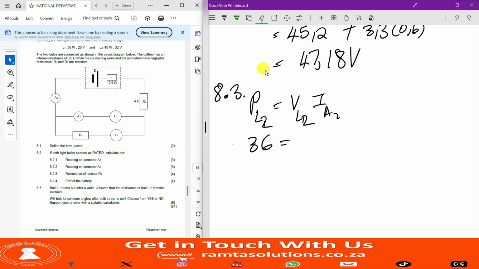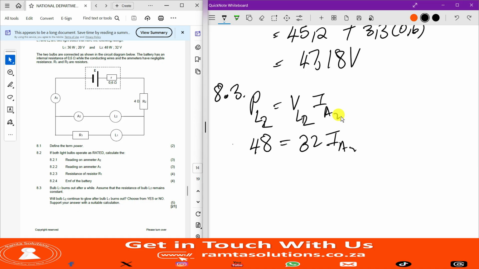L2 was rated 48 watts, and voltage is 32 volts. So what is 48 divided by 32?